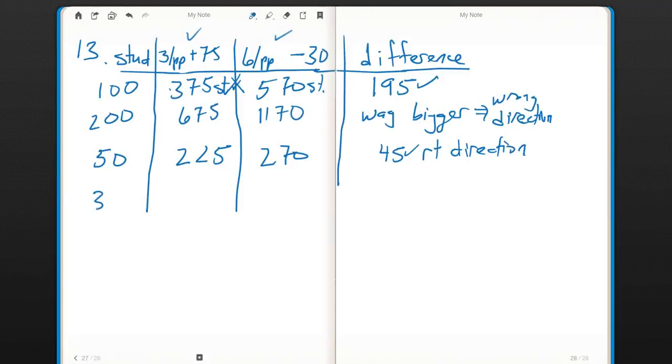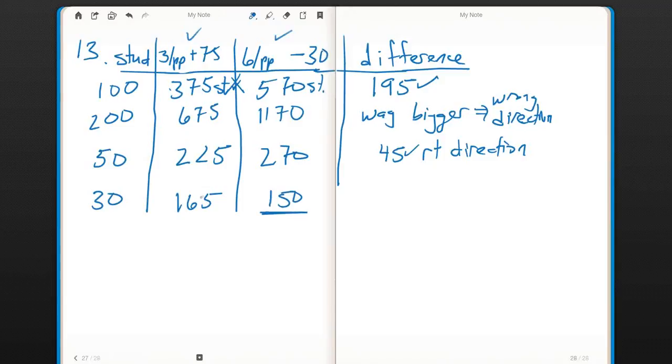All right, the next thing I tried was 30. If I did 30 stickers, 30 times 3 is 90, plus 75 is 165. 30 times 6 is 180, minus 30 is 150. This distance is 15, but look what happened.